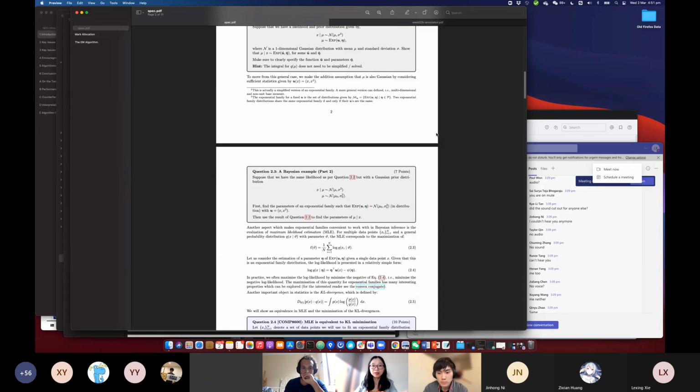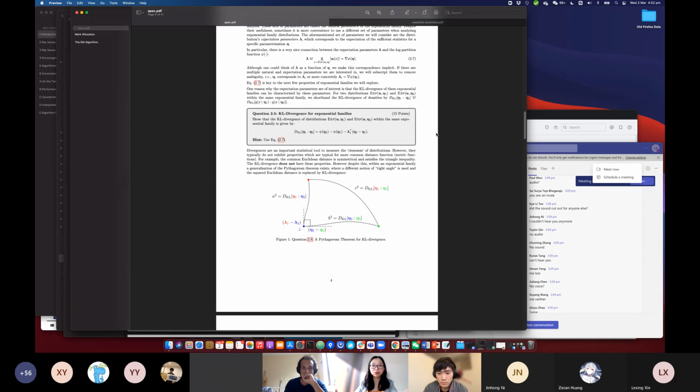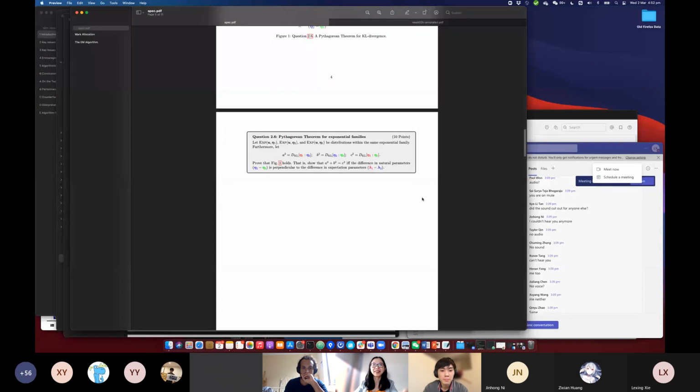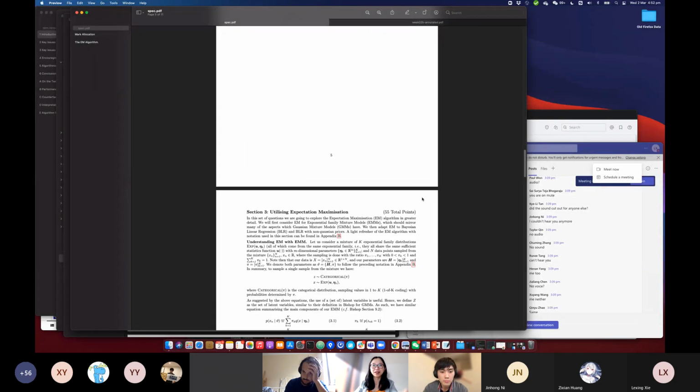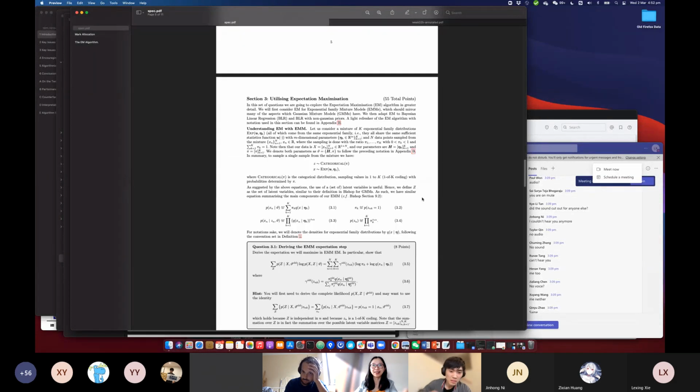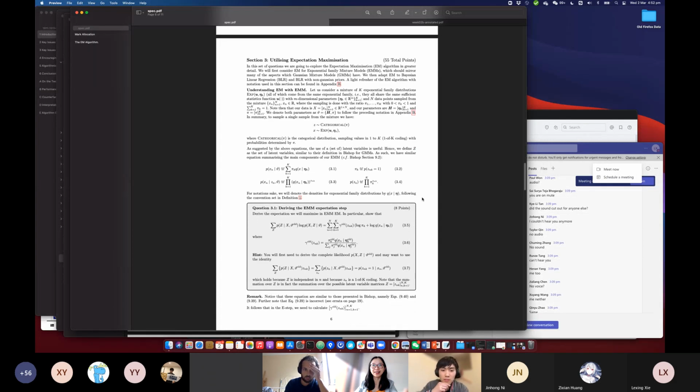So I hope that's it for question 2, which does not require coding. Now we are not done with exponential families yet. Question 3. So the first part of question 3 is hopefully somewhat familiar.